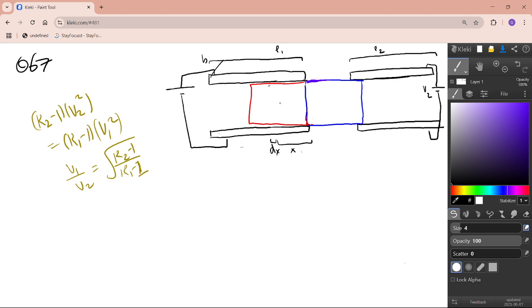What was this? This was K1 and this was K2, right? It has moved inside. I didn't draw it much inside, but it has come. Now what happens? The dC for the first one is not just B dx epsilon naught by d.